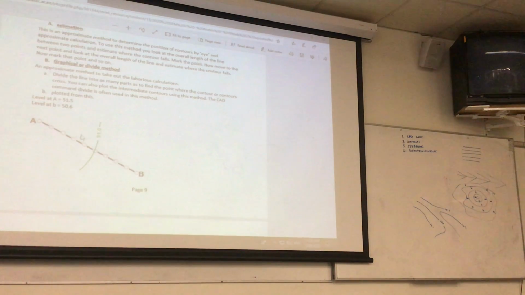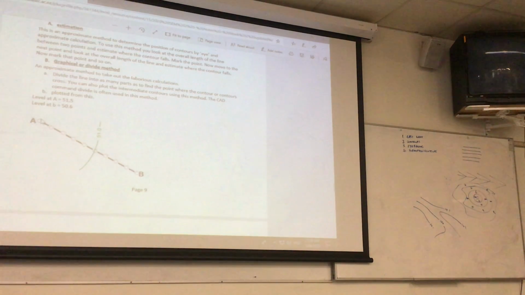So you can see here, you've got a level A 51.5, a level B 50.6. You've got to find out where this 51 contour crosses. In order to do that, you can tell there is 9 nodes between there.